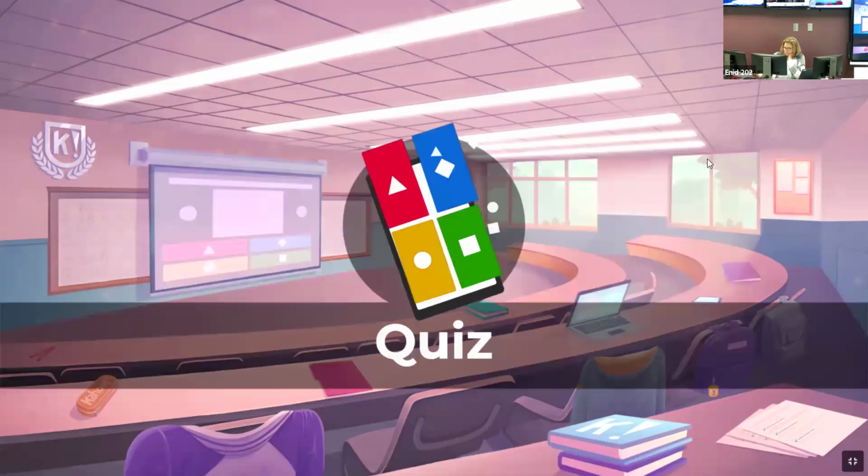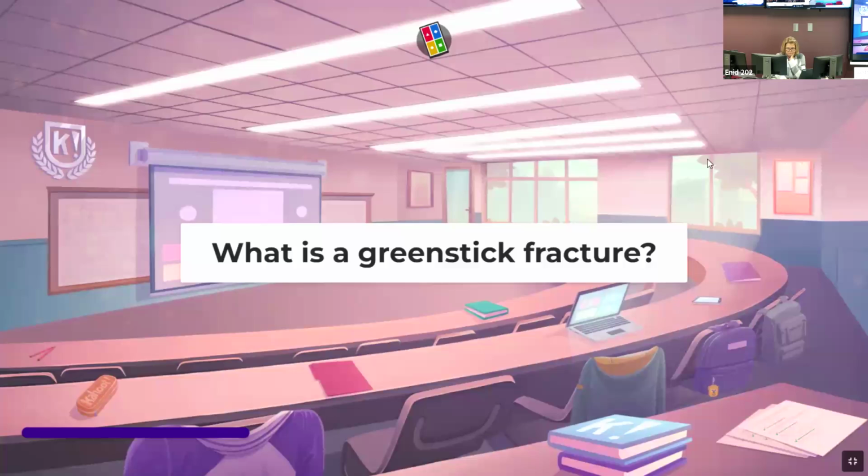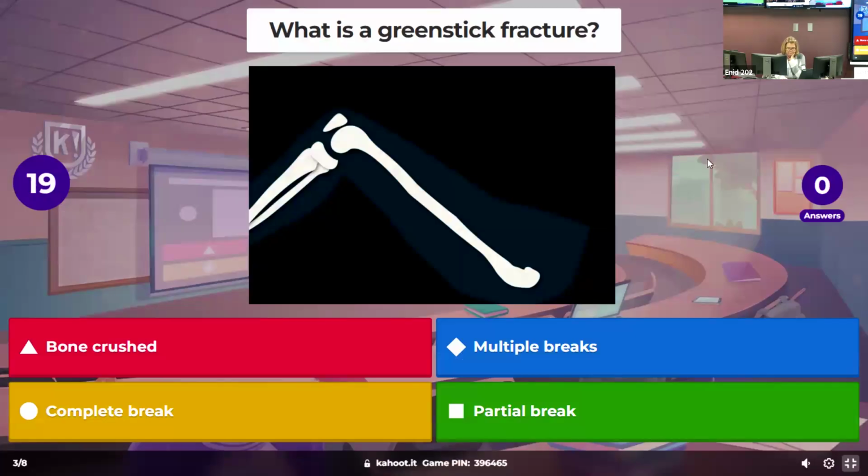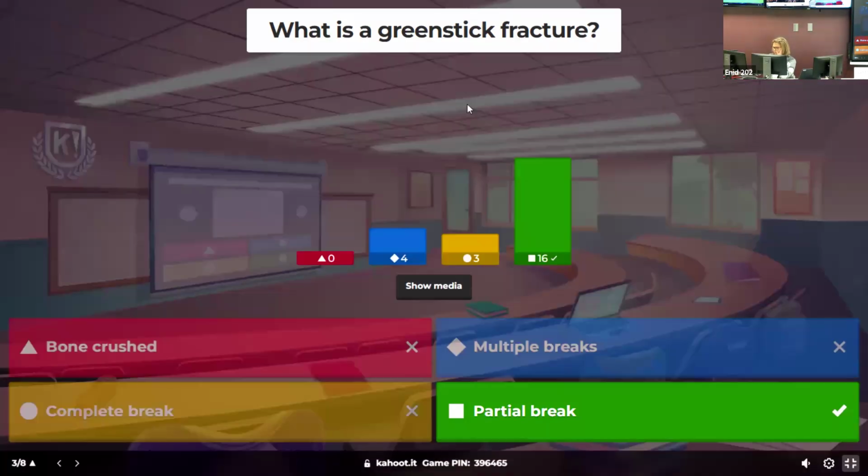Partial break. It doesn't break all the way. It's that twisting motion. You see some of it broken.